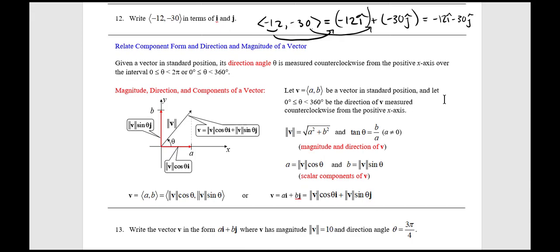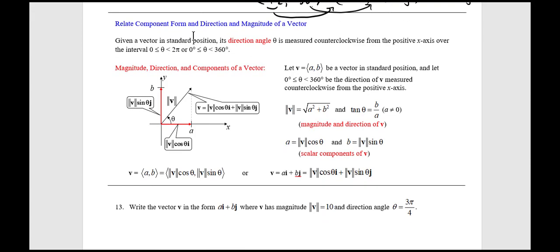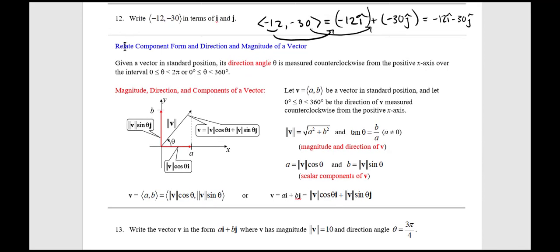Okay, so let's see. We want to relate the component form and direction and magnitude of a vector. So let's do something here. Let me clear some space and see if we can make sense of this. Well, actually, let's just work with the picture given. Given a vector in standard position, meaning tail at the origin, as drawn here, this vector v is our vector coming across here.